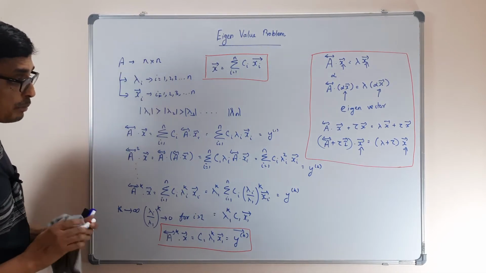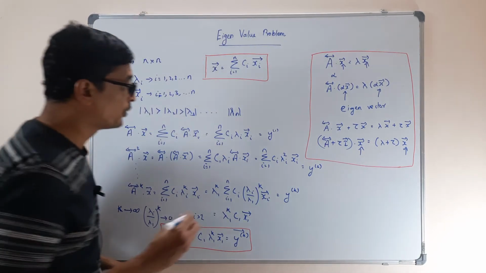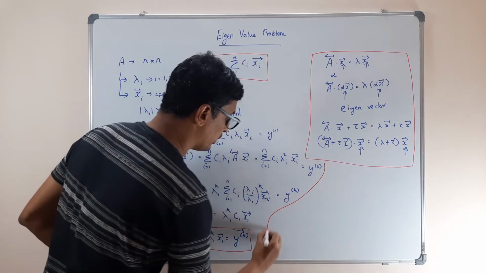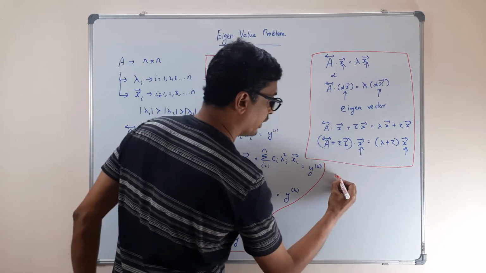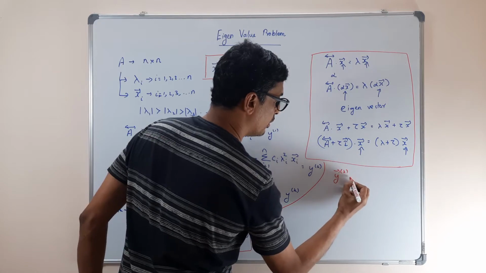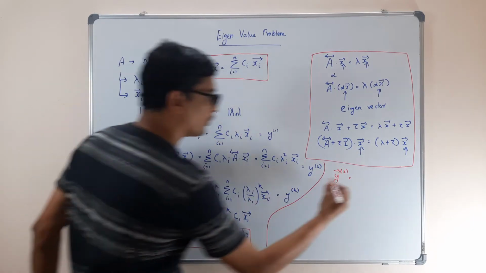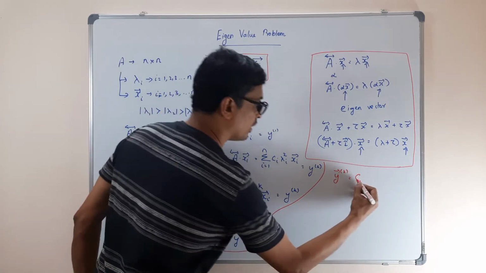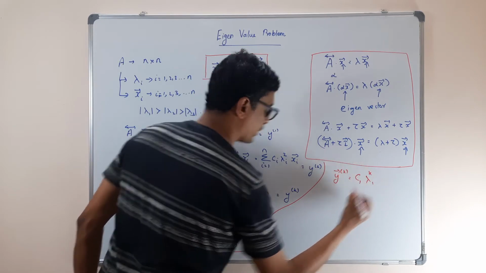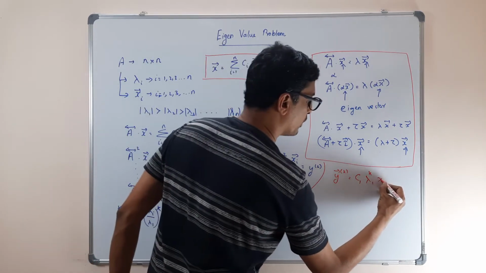But yes, there is a problem. If you see here, y of k is equal to c1 lambda 1 to the power of k and x1 vector.